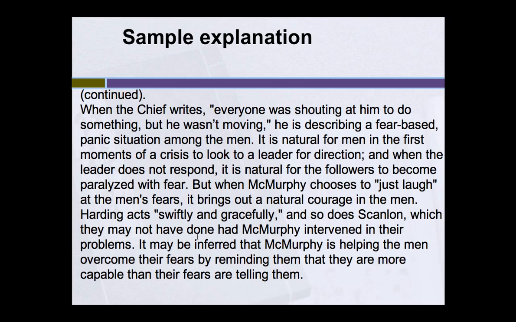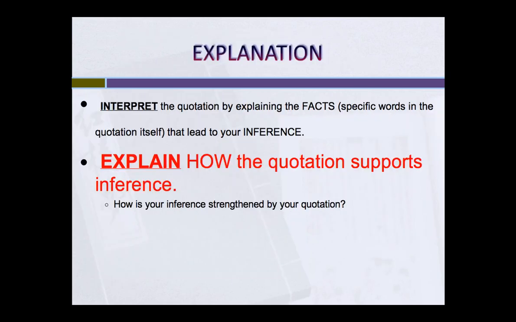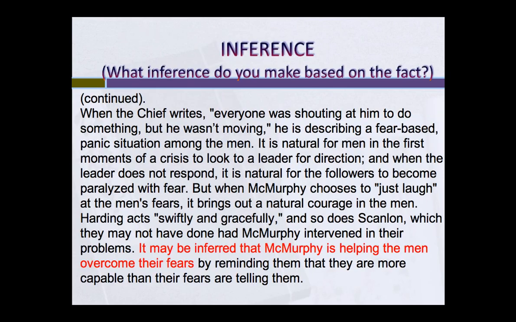So it could be inferred, here's the point, again, McMurphy is helping the men overcome their fears by reminding them that they're more capable than their fears are telling them. Okay, so again, here are the facts that lead to the point, McMurphy's laughter, what it does, explaining how that happens, and here's the big inference at the end.